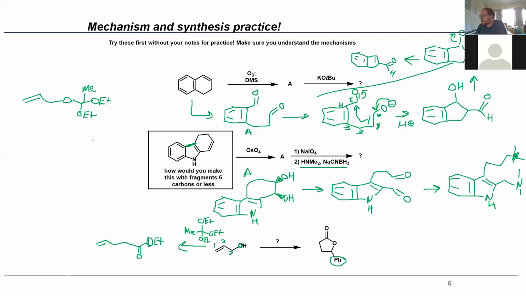Then we can think about the ejection of another ethoxy group, formation of this oxocarbenium species, then tautomerization to form this alkene, which can undergo a 3,3 sigmatropic rearrangement.